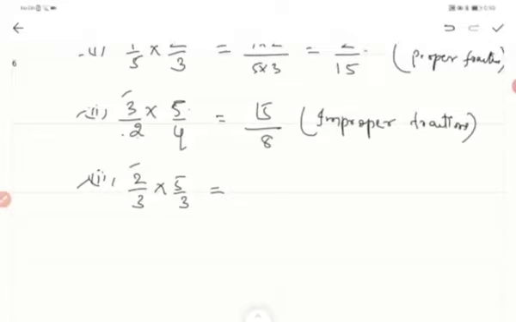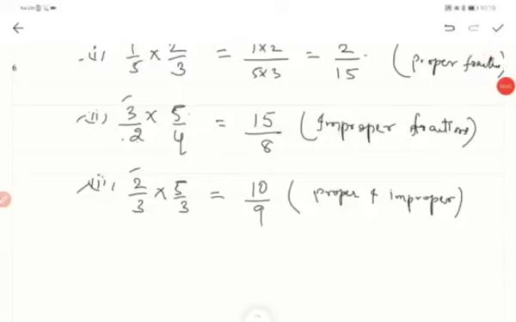It is a proper fraction, and 5 by 3 is improper because the numerator is greater than the denominator. So the product of these two fractions: 5 twos are 10, 3 threes are 9, 10 by 9. So this is a mixture of both proper and improper, isn't it? Now let's observe the answers of these products.